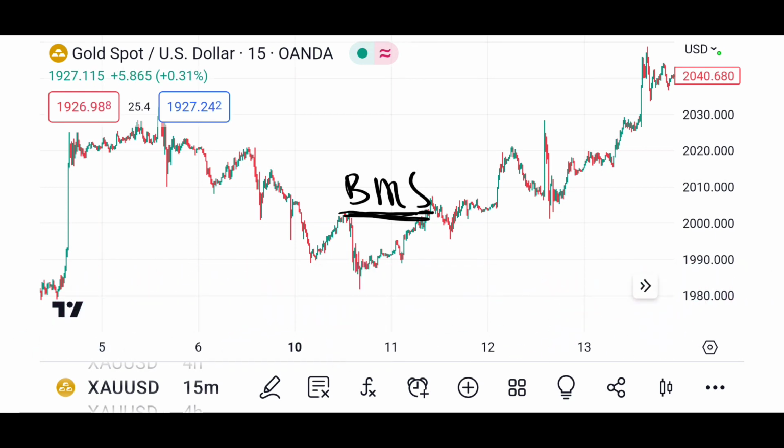And then you would notice that markets could not come back to our previous low to take it. Rather, it respected the low. So since it respected this low, we would say that this is our new low. This is our new high.